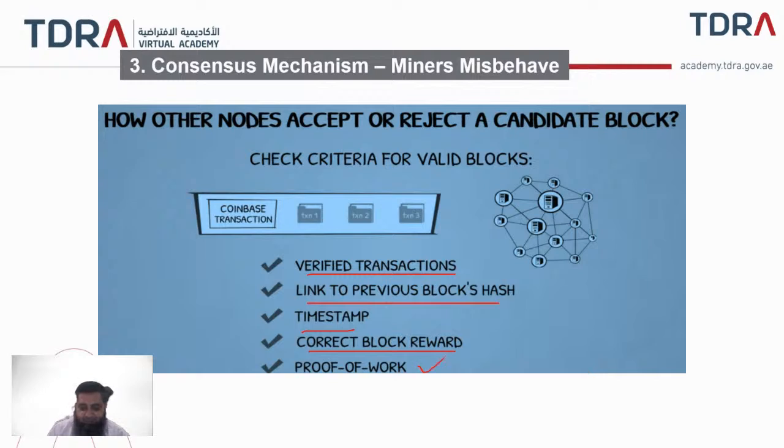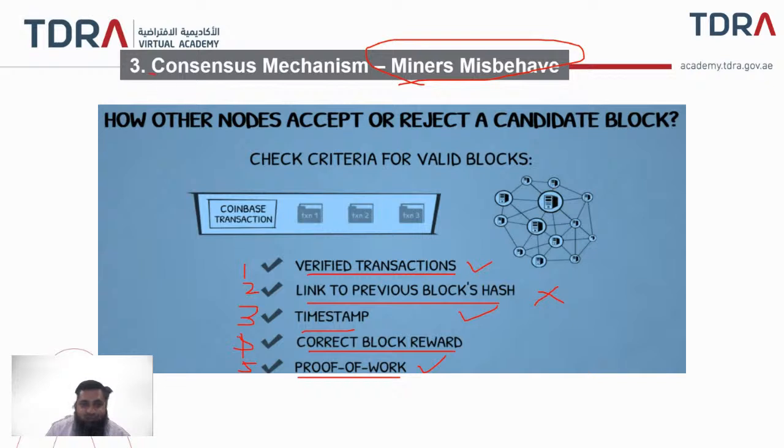There is also a proof of work, which is called a consensus mechanism, which makes the blockchain valid. If all these 5 points are verified, then the block is added to the blockchain, and if any one of these is missing, then this is called misbehavior of the miner, and that will not allow the block to be added to the blockchain.